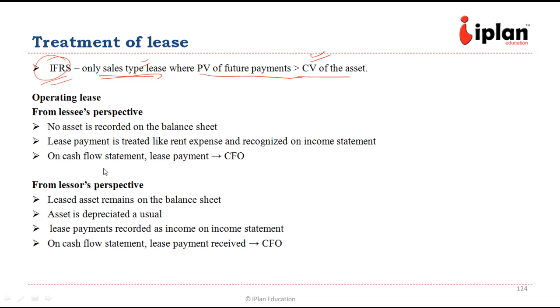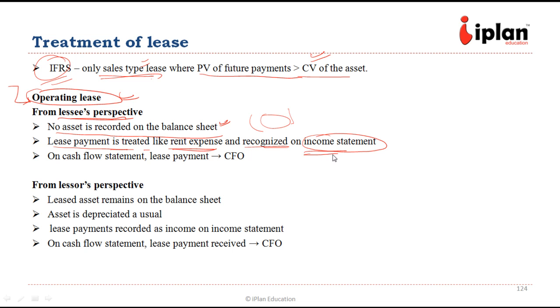Now let us look at the operating lease. From the lessee's perspective, no asset is recorded on the balance sheet. So this is different from capital lease, where we have assumed the asset to be equivalent to the purchase and we have entered that into the balance sheet. Lease payment is treated like rent expense and recognized as an expense in the income statement.